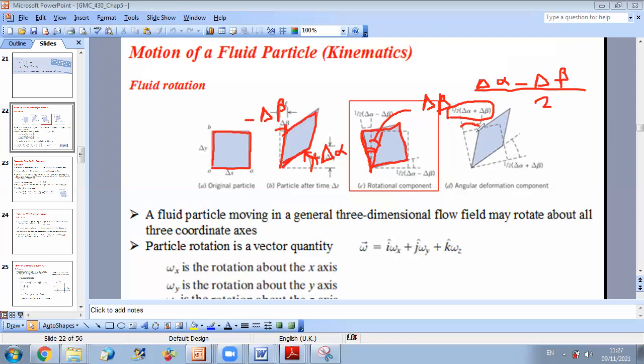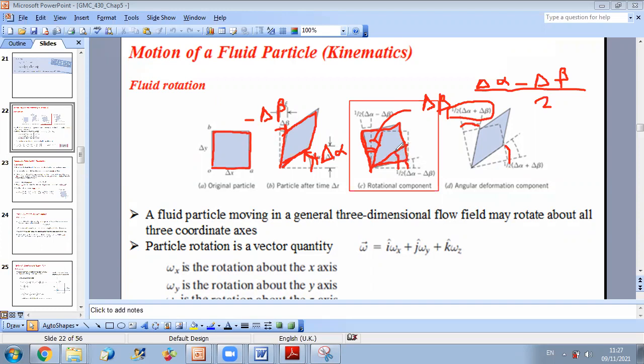We can do the same procedure for the other side. If we want to find the total deformation of this side, this side, due to rotation, was in this position, and the final position of it is with an angle here equal to delta alpha.